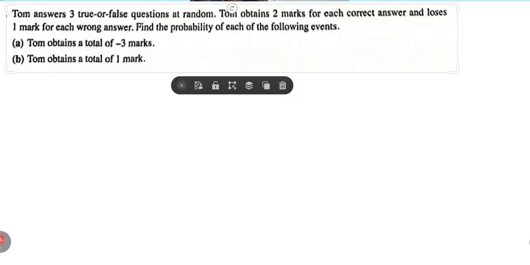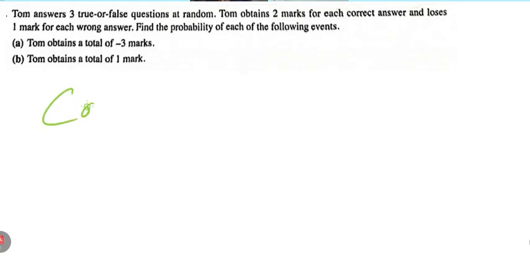So to find out right or wrong here, we're going to denote the correct answers with a C for correct, and we're going to write W for the wrong ones. So let's write it out here.